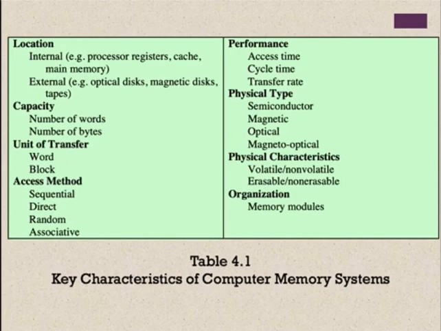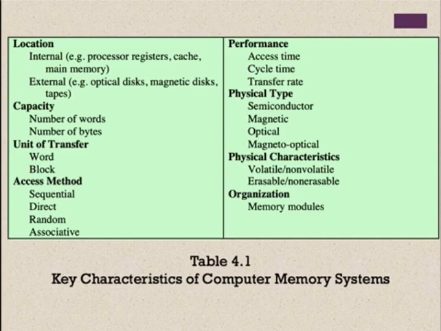Next is capacity, like how many bytes or how many words we can store in memory. These days we are normally using the term bytes. Words were used maybe 1 decade before, but now we are talking about bytes.